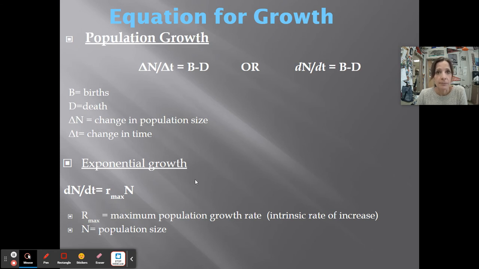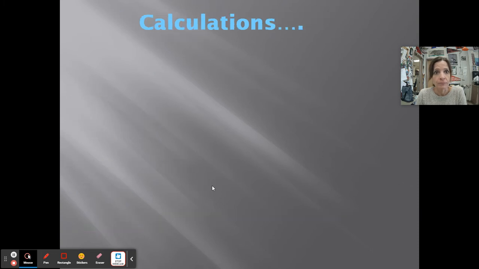If we're talking about exponential growth, which is a J-shaped curve, then we are looking at the r max, and this is the intrinsic rate of increase or the per capita increase. So per person, and population size is N, you would multiply these two to see how much the population grew in a year if it was exponential growth.